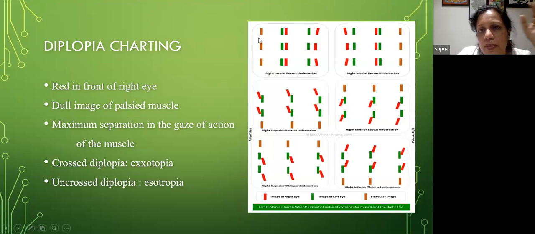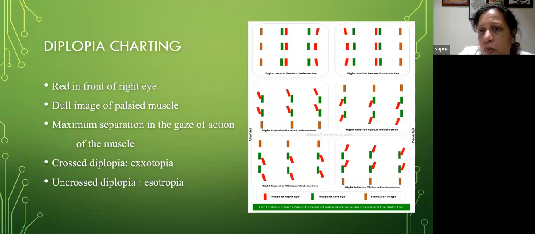So here we see this is a lateral rectus underaction, paralysis, this first one. So lateral rectus is underacting, medial rectus overaction, so the eye is in eso. If the right eye is in eso, you should be getting uncrossed diplopia.